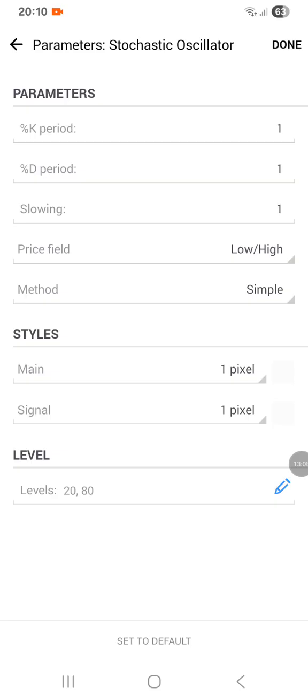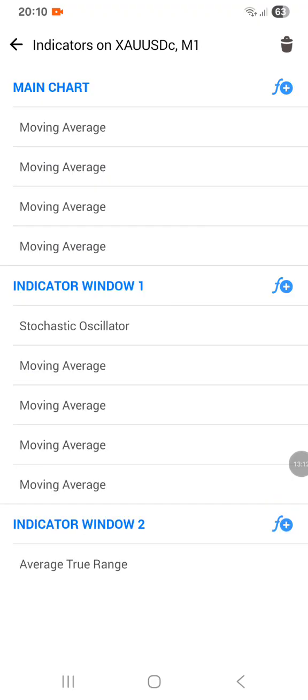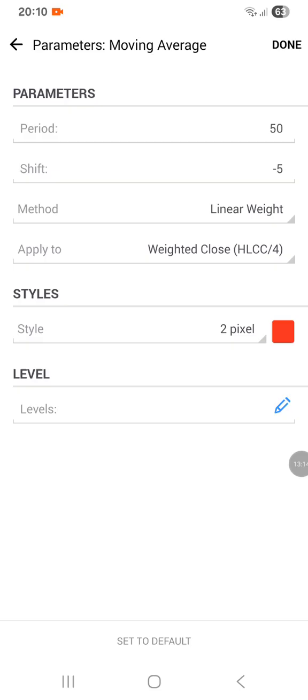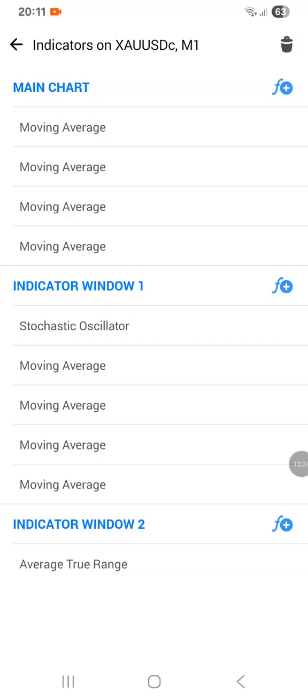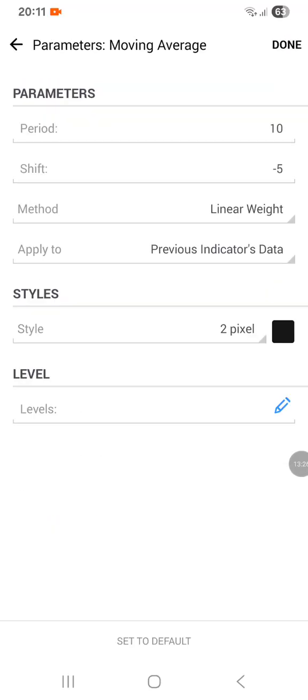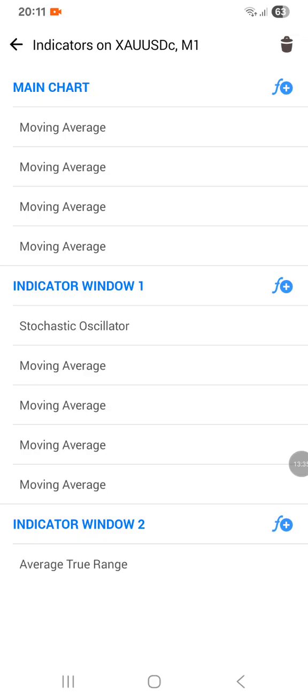Method is simple. That's that. For the moving averages, the first is period 50, shift is -5, method is linear weighted, applied to weighted close. Color is red. Next one is period 10, shift is -5, linear weighted, previous indicator's data. Color is black.